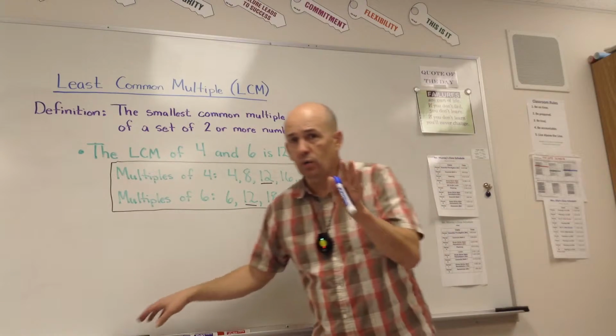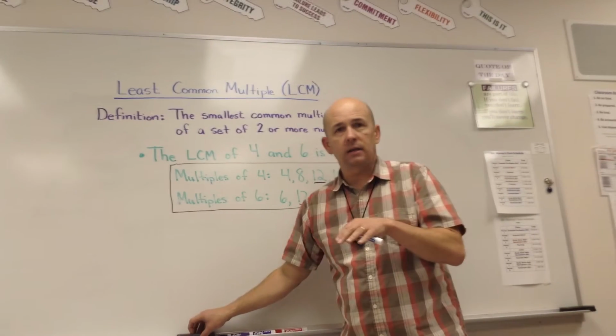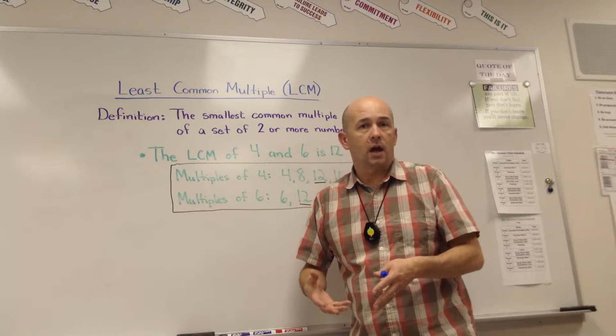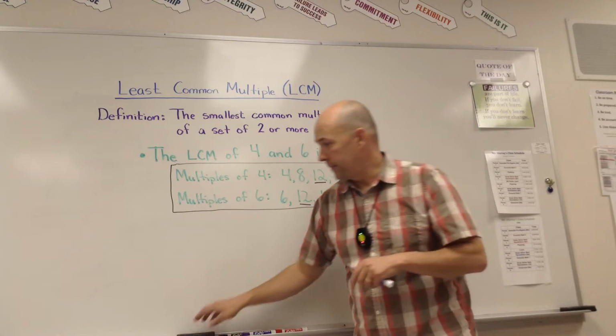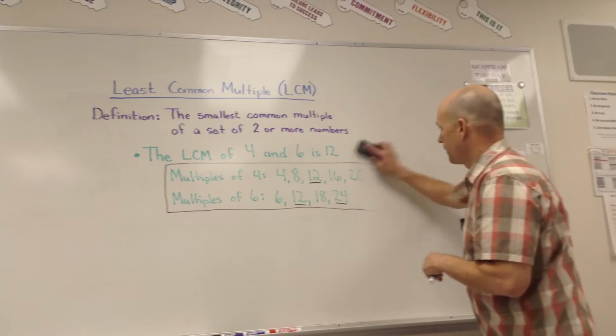So what I'm going to show you real quick here is a quick and dirty method for finding our least common multiple. And it's going to look real familiar to you. Okay, so let me erase this real quick.